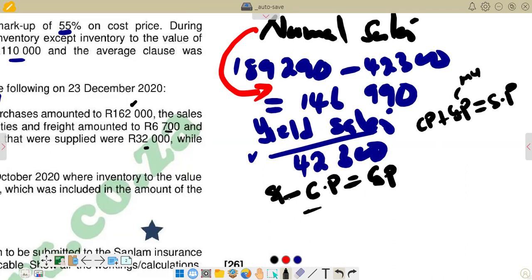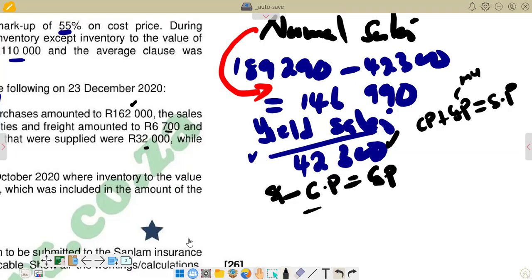But we are given the selling price is 42,300, but the cost price, we need to reduce it to make it a proportion of the market price, what it was supposed to be. Remember, we are having a markup of 55%, so we are going to convert it. Remember, this 42,300 is the price that was 25% less.